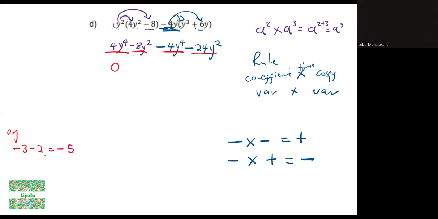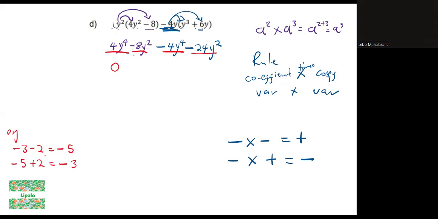Or you could just use a calculator. However, I wanted you to get the concept of it. If I have negative 5 plus 2, the sign I consider is the one of the greater number. Between 2 and 5, the greater number is 5. So I keep the sign of 5. Then I subtract because the signs are different. So this is going to be negative 3.